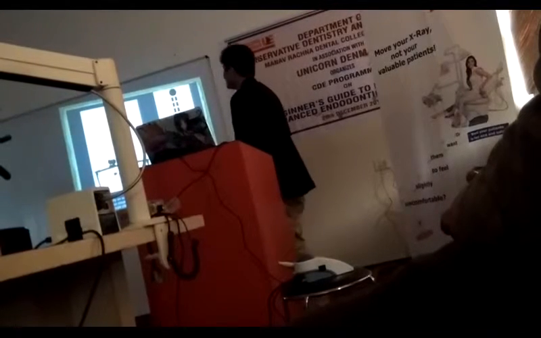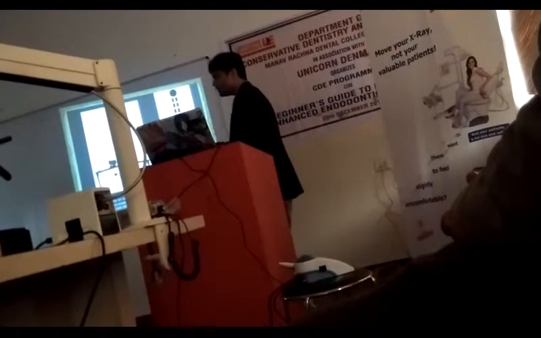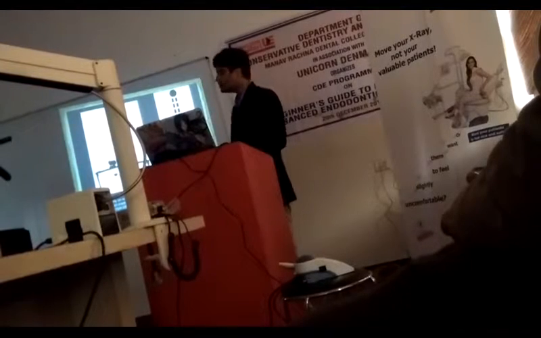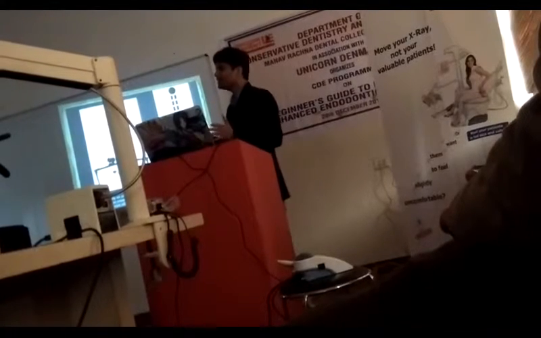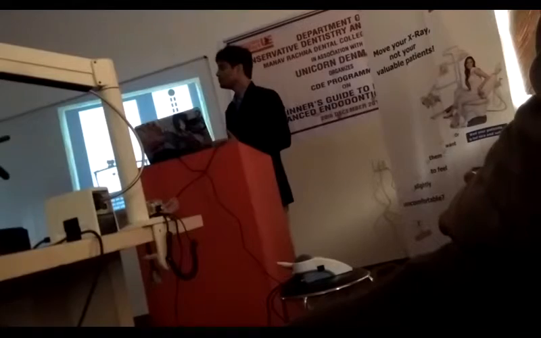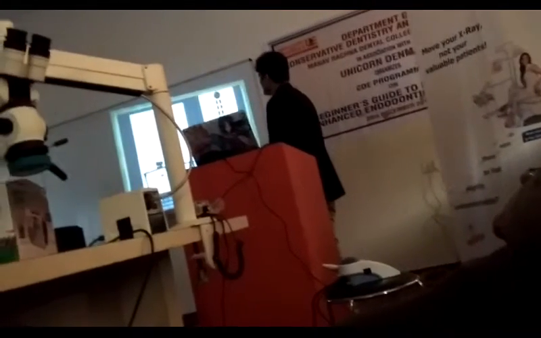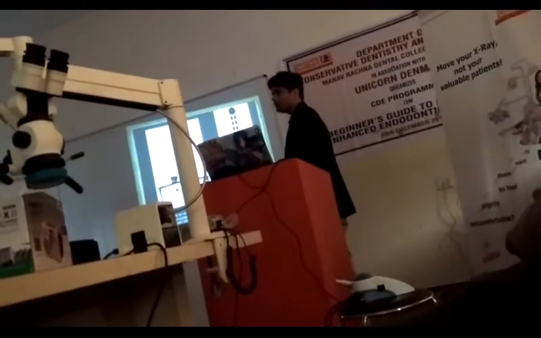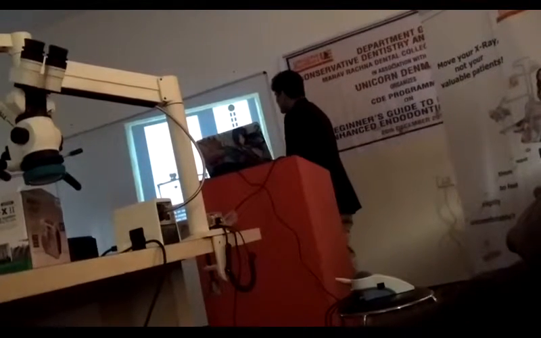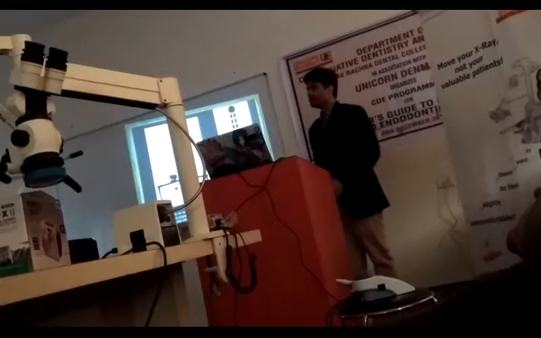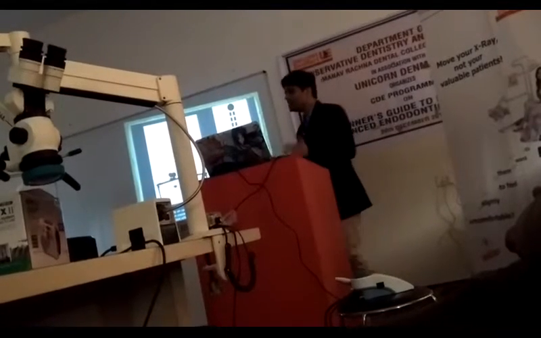Now, the basic disadvantages and advantages of loupes and the microscope, we should understand before coming to the microscope proper. When you see with the help of a loupe, the two eyes have to converge to a point to see an object. When the two eyes have to converge to a point, both your eyes are strained.